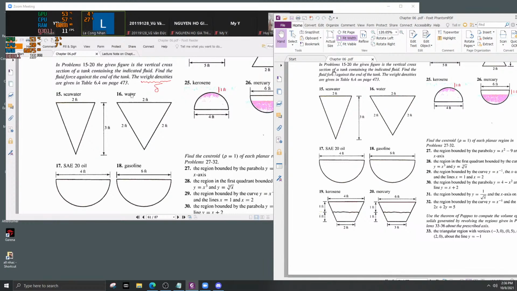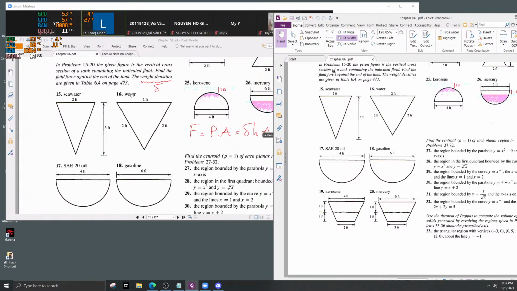So we will set the coordinate. What is the fluid force? The fluid force is given by the pressure times the area. The pressure depends on the depth, so we have delta times x times the area.